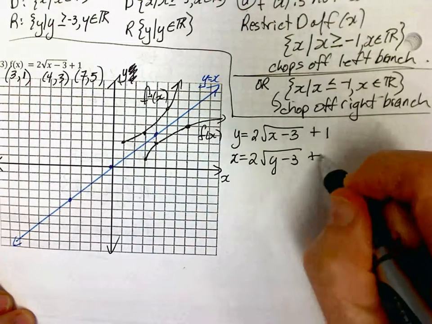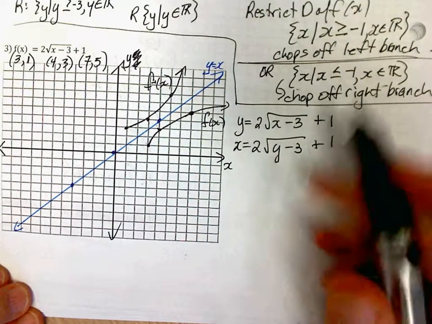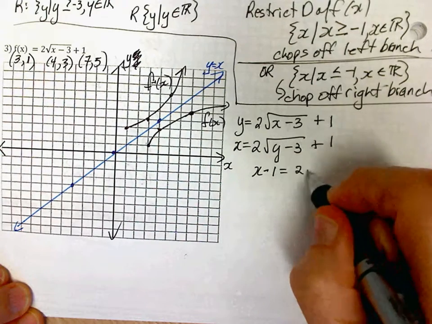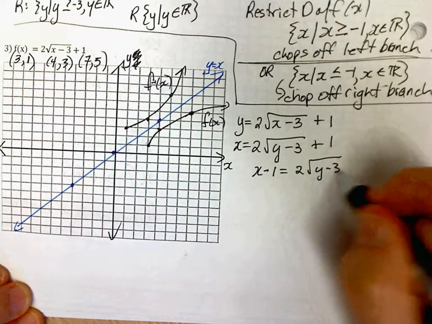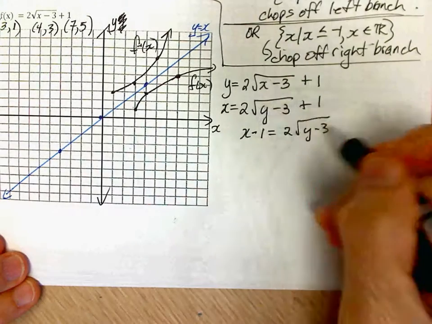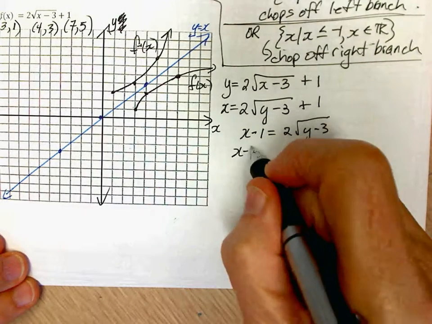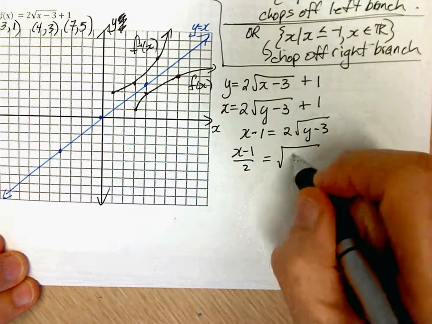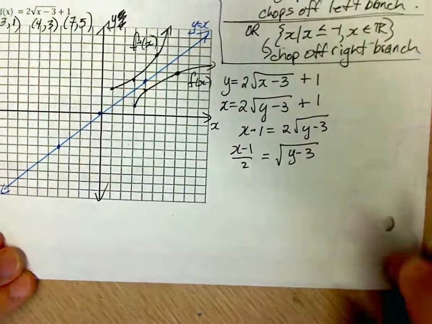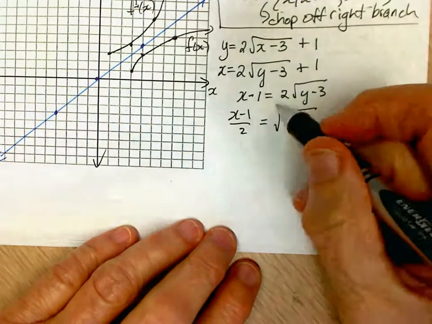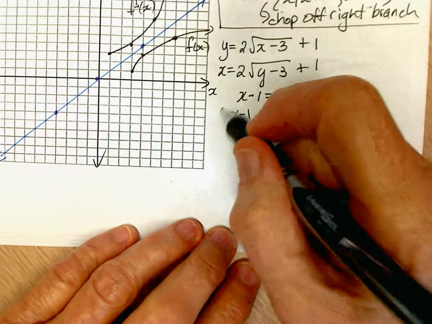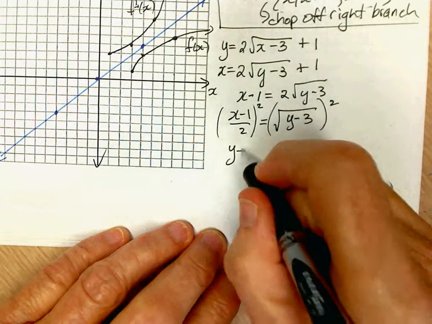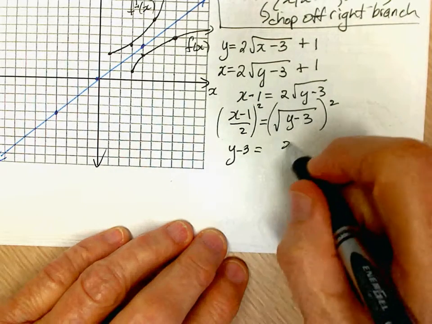Let's subtract 1. x minus 1 equals 2 root y minus 3. Divide by 2. x minus 1 divided by 2 equals the square root of y minus 3. Now we're going to square both sides to get rid of the square root sign. y minus 3 equals (x minus 1) over 2, squared.